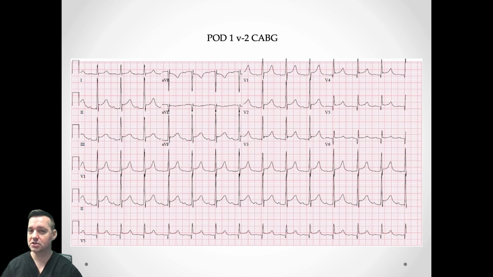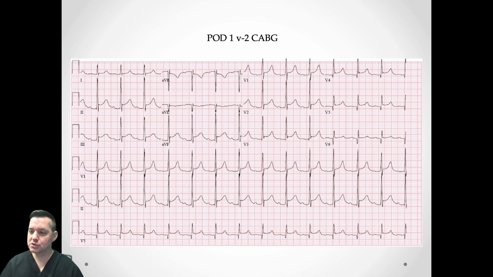And just understanding that acute graft failure during hospitalization is pretty rare. It's exceptionally rare to see it maybe post-op day 1 into 2. I mean, these patients generally will not spend more than 48 hours in your ICU. You still have to have an approach.